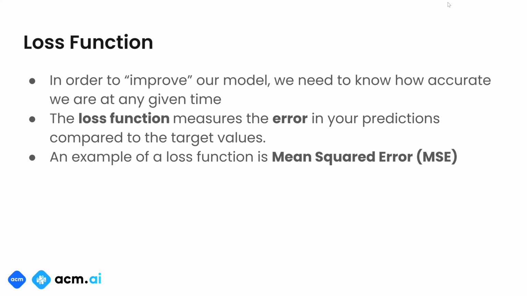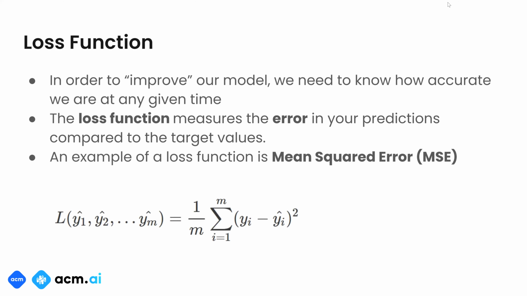It's up here right now. The hats on top are basically our predictions for a bunch of data points. Let's say we had m data points in our data set. Our loss function is going to take in our m predictions from our model on those data points.